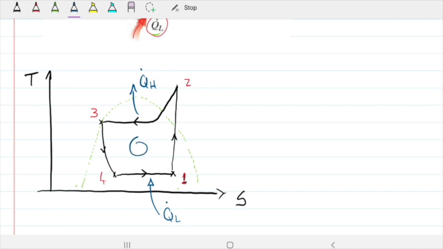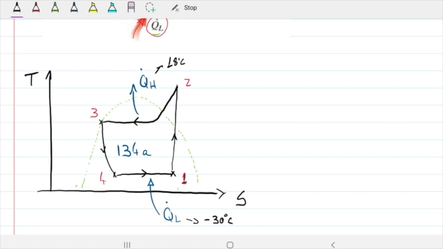Because regardless of how this cycle operates, and I might just put here that it's R-134a, so that we don't look at wrong tables, we know that the QH is going to be determined by the 18 Celsius coming in, right? And the QL is going to be determined by the -30 that we want to keep the place at, right? That's the temperature. So that's why we have those two boundary limits limiting the performance of this cycle.